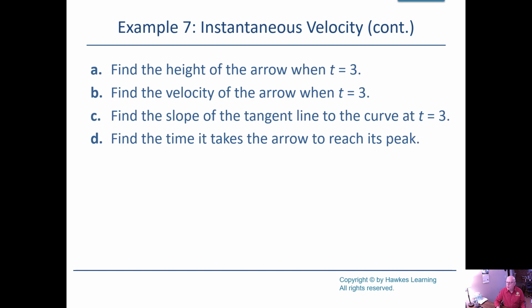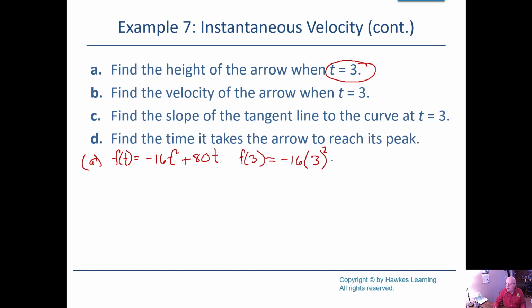So, 4 questions. A, where is it at t equals 3? Our equation is f of t equals negative 16t squared plus 80t. All we need to do is put the 3 in there. So f of 3, the height of the arrow at 3 seconds, is negative 16, put the 3 in for t, which gets squared, plus 80 times 3.